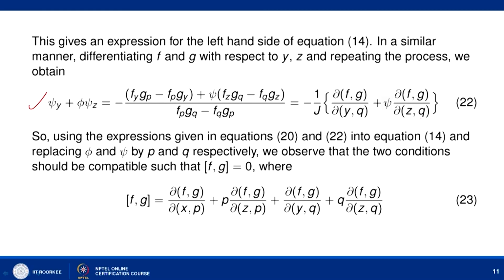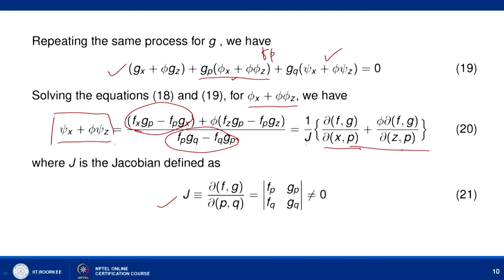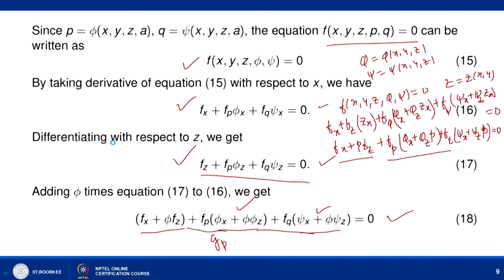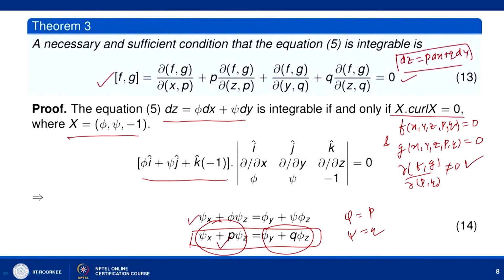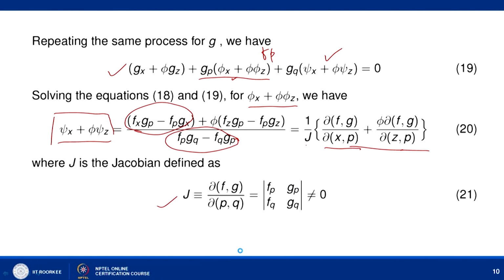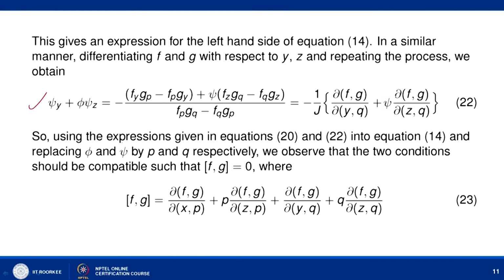And using equation number 22 and the previous one, equation 20, in equation number 14, where we equate these two and replace phi and psi by p and q respectively, we observe that the two conditions should be compatible, such that the bracket f, g is equal to 0.